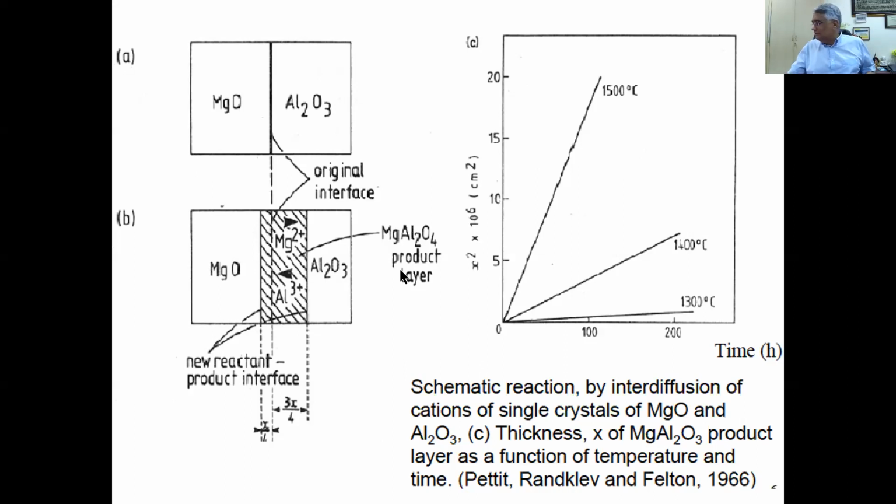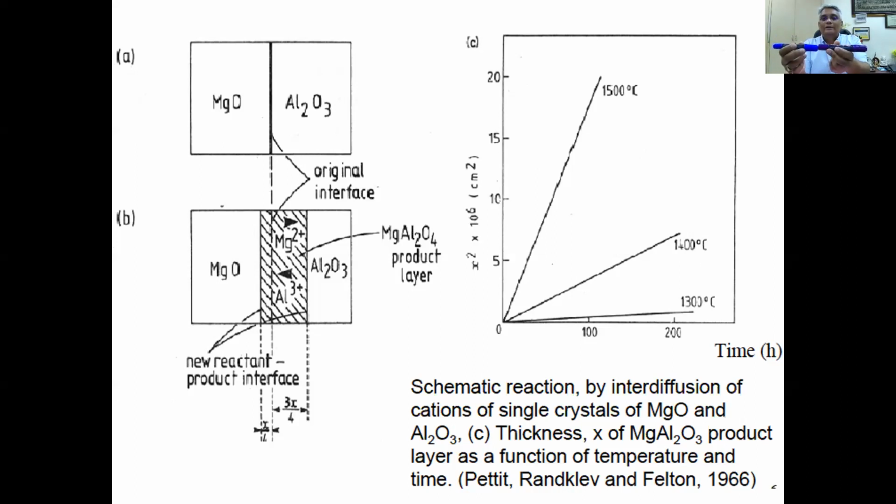But the question is the following. So if I have, say, magnesium oxide in this form and aluminum oxide in that form, so I'm physically bringing them together, and the reaction is happening at this interface because the diffusion is across.